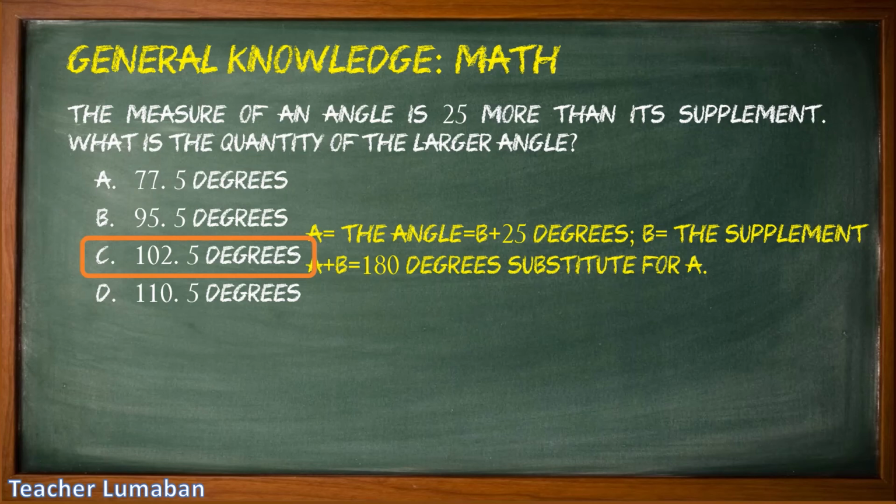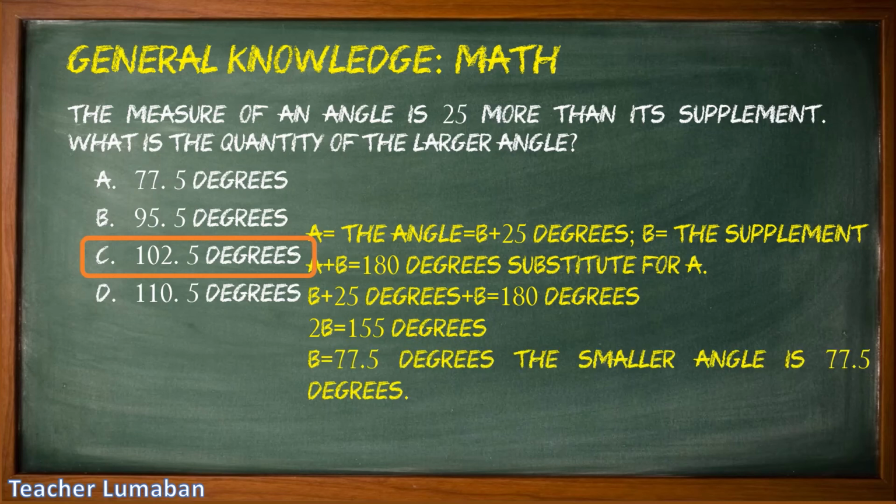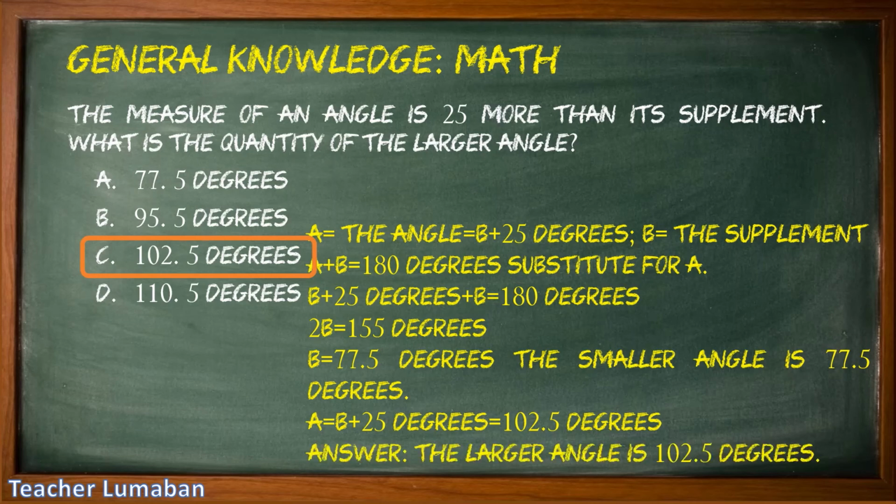Substitute for A: B plus 25 degrees plus B equals 180 degrees. 2B equals 155 degrees. B equals 77.5 degrees. The smaller angle is 77.5 degrees. A equals B plus 25 degrees equals 102.5 degrees. Answer: the larger angle is 102.5 degrees.